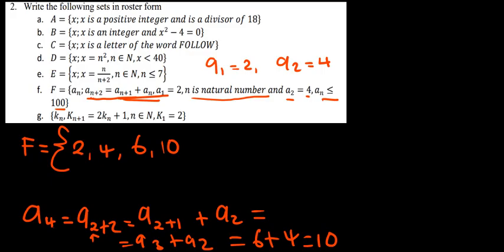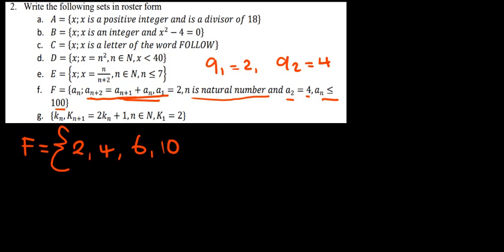Let us find A5 by using the same procedure. So A5 will be equals to, remember to divide this into a certain number plus 2. So that will be A3 plus 2, which will be equals to A3 plus 1 plus A3.